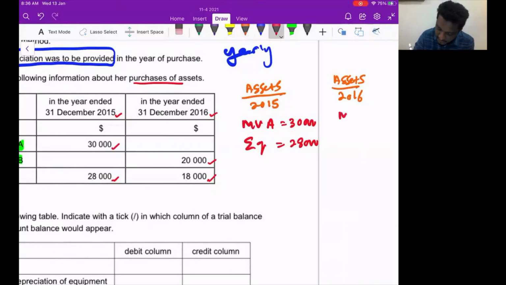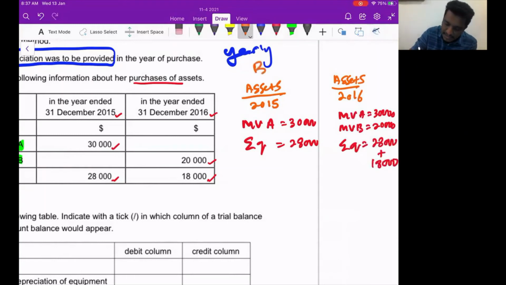Yes, they still have motor vehicle A, 30,000. And then they buy another motor vehicle B, which is 20,000. And also they have equipment of 28,000, and then they buy another one, 18,000. So this is the balance of assets that they have. In 2015 it will be motor vehicle A and equipment, and in 2016 motor vehicles A, B, and also equipment.